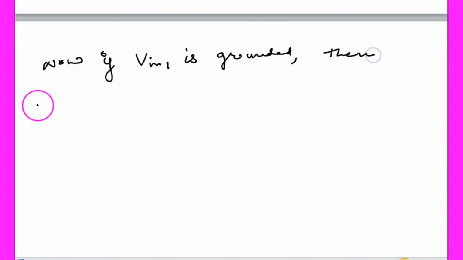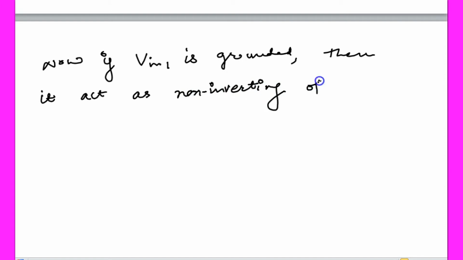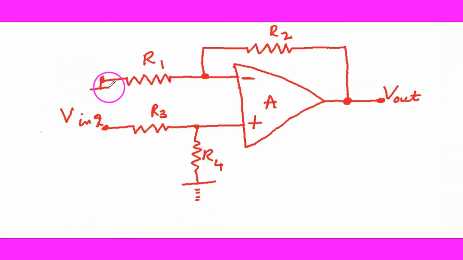This is the result if V in2 is grounded. Let us think the other way around, that V in1 is grounded. Then it acts as a non-inverting operational amplifier because the input is at V in2, which is the non-inverting terminal.